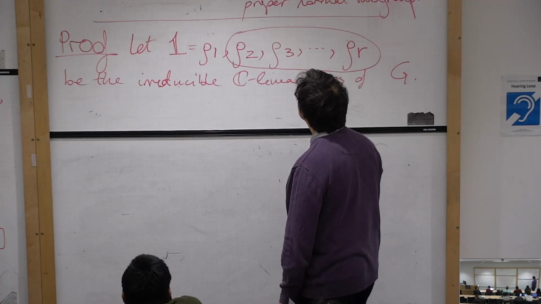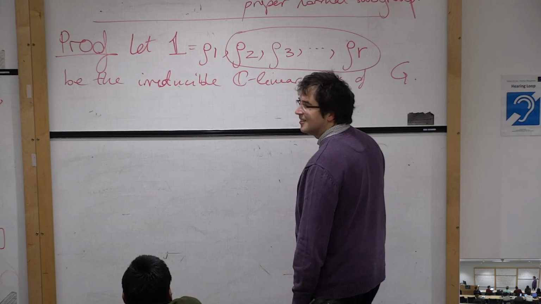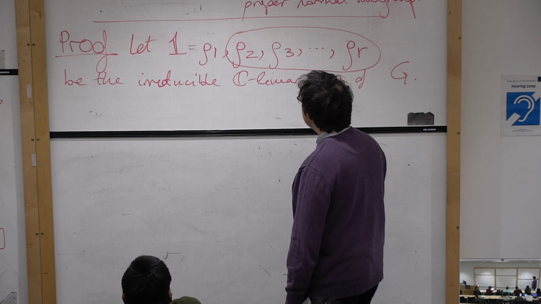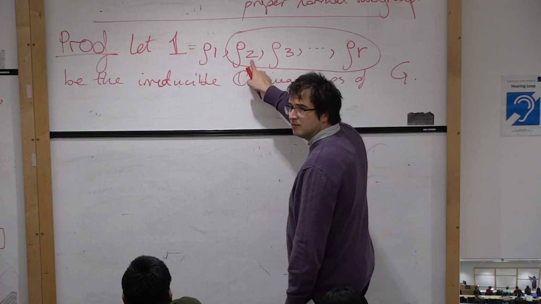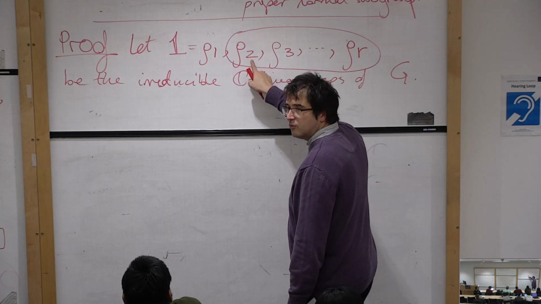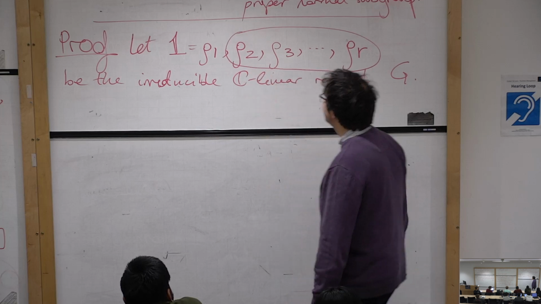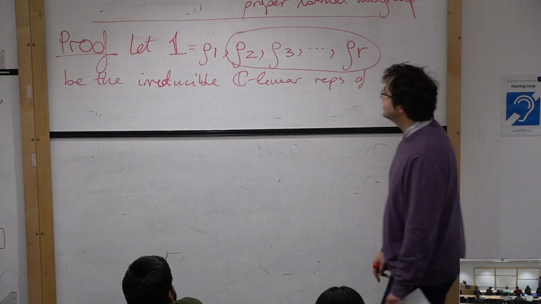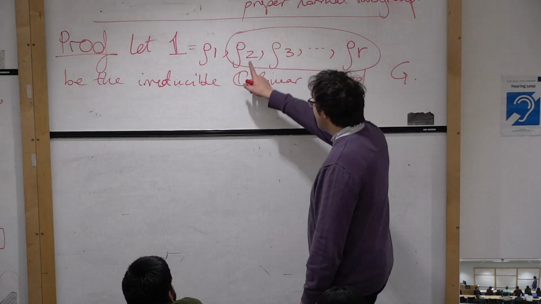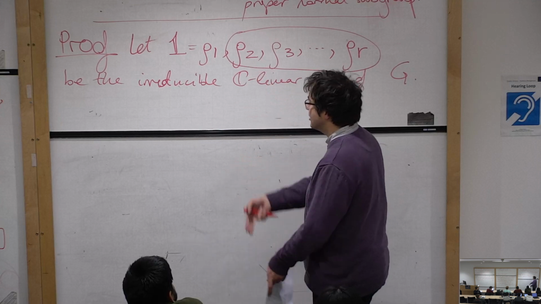We'll go for contradiction. If the theorem fails, it better be the case that the kernels of these are all trivial. Why? Is that obvious? Yeah, because otherwise, if you've got a finite simple group and the kernel is non-trivial, the kernel being a normal subgroup must be everything.